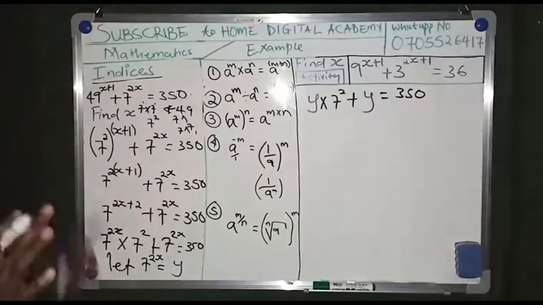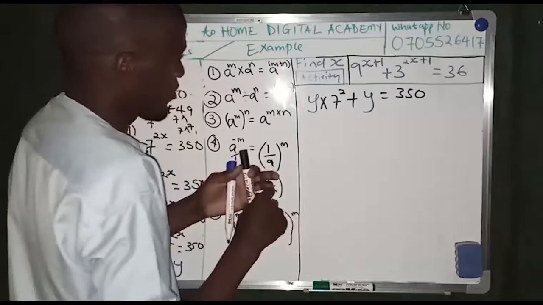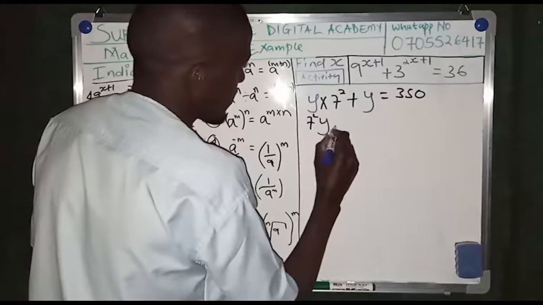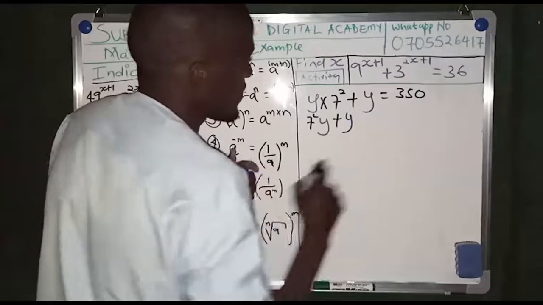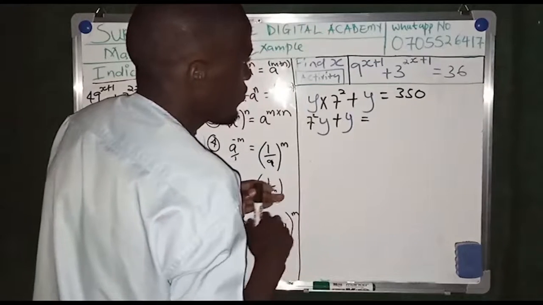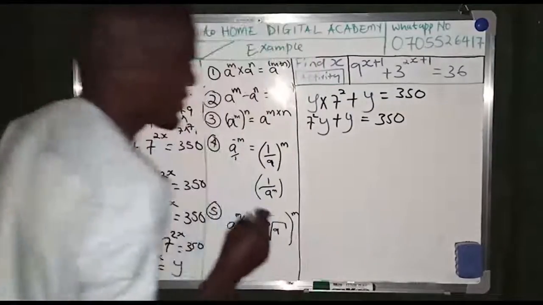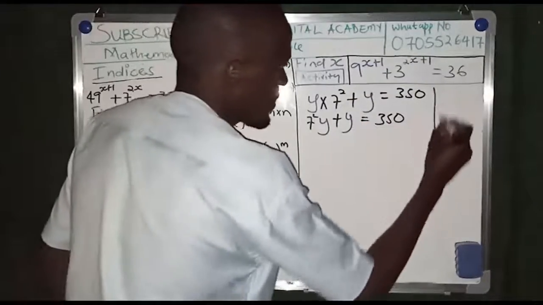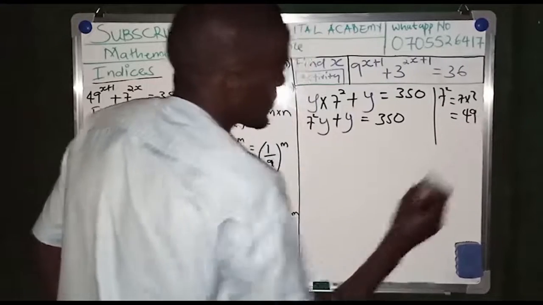Substituting, if I multiply, it will be 7 squared y plus y equaling 350. Now 7 squared is 7 times 7, which gives me 49.